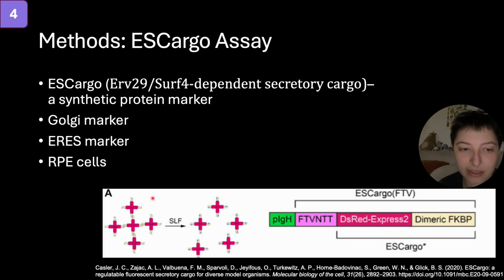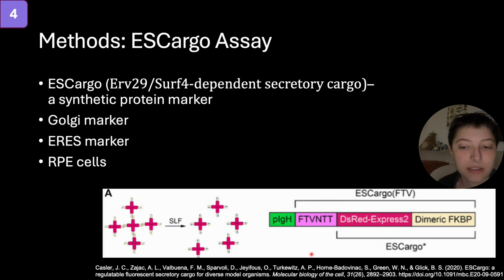And then when you add in SLF, which is a synthetic FKBP ligand, just the dimer part, the SLF will dimerize with the FKBP, and so that allows the proteins to be separate from each other and not all clustered.